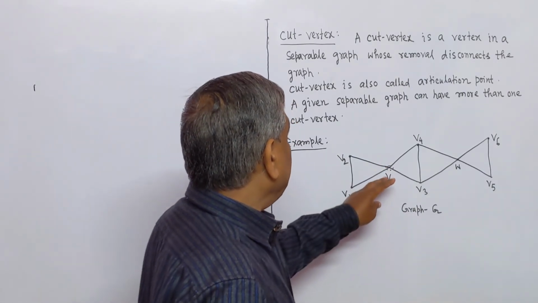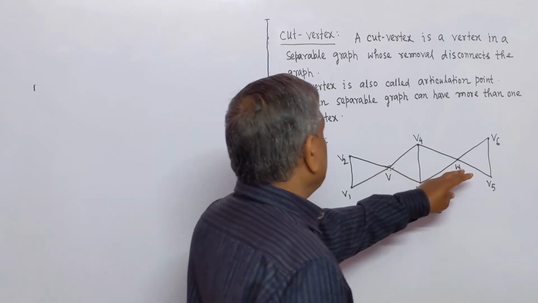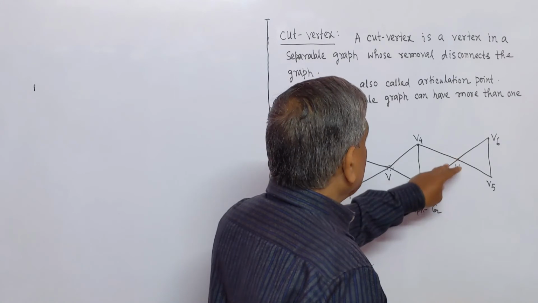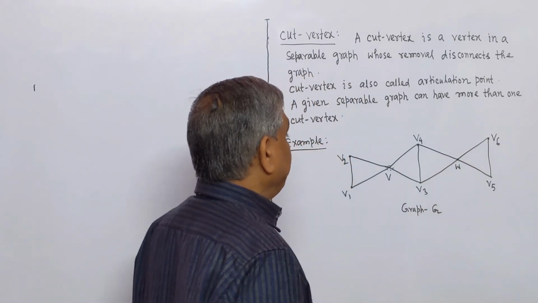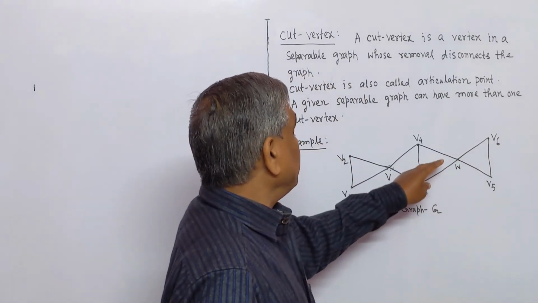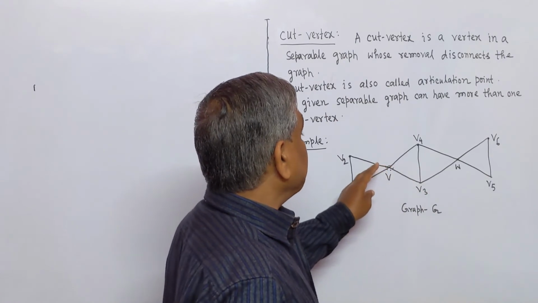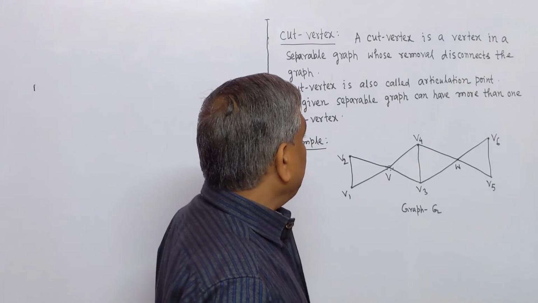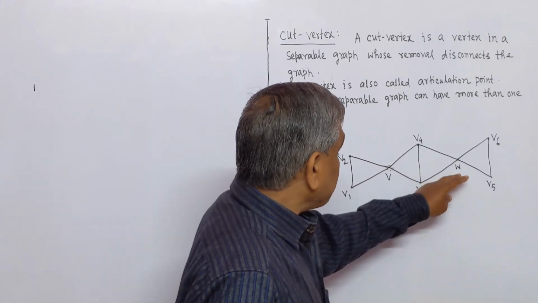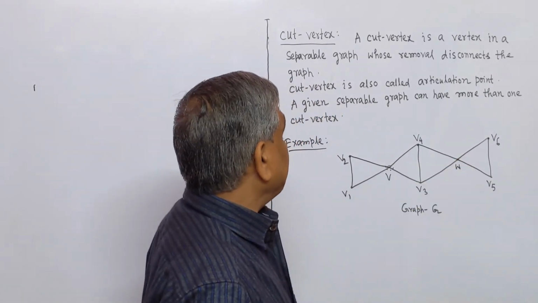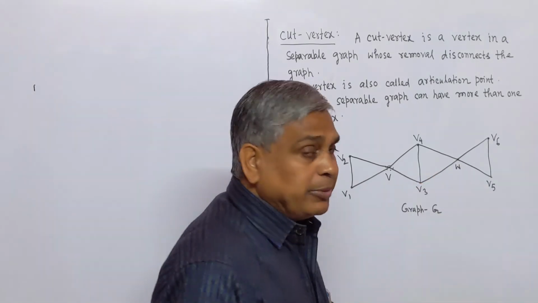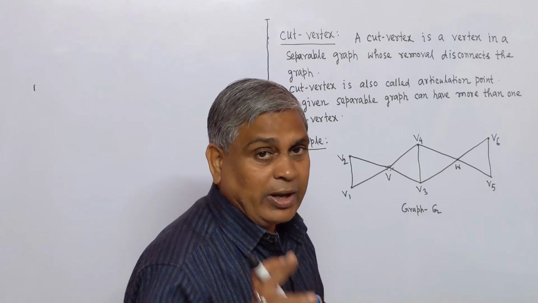Here we see that in a similar manner, if the vertex W is removed from the graph, then also the graph is changed into two disconnected graphs. Therefore, in this case also we may say that the vertex connectivity of the graph is 1.